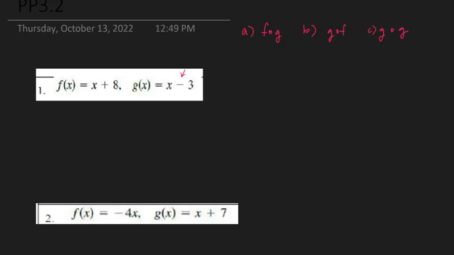So let's go ahead and do F of G of X, which is going to be, open up that X, X plus 8, and that is going to be X, and then plus 5. Okay, I'll go ahead and do the domains in a little bit.